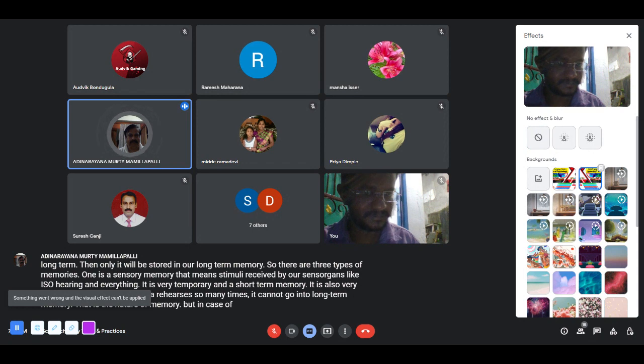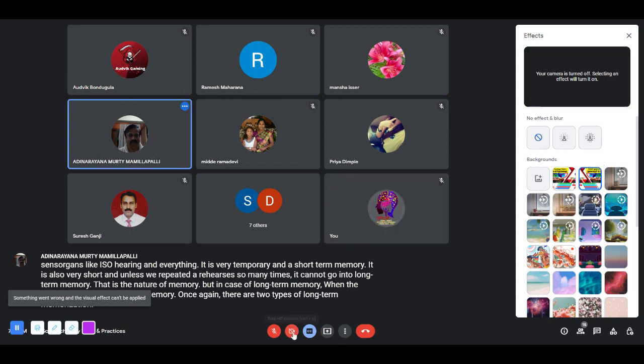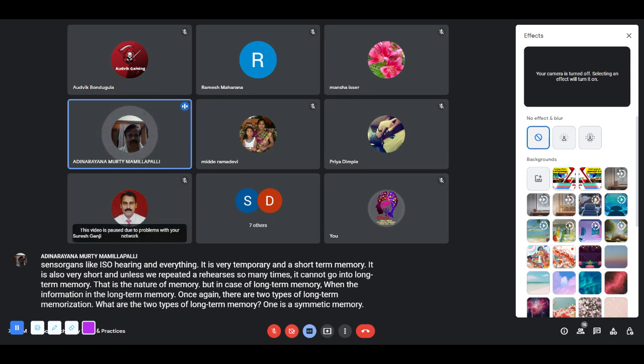But in the case of long-term memory, once again, there are two types of long-term memories. What are the two types? One is semantic memory, another is episodic memory.